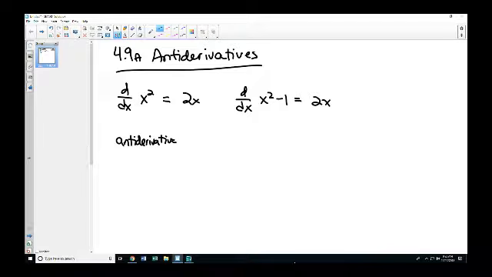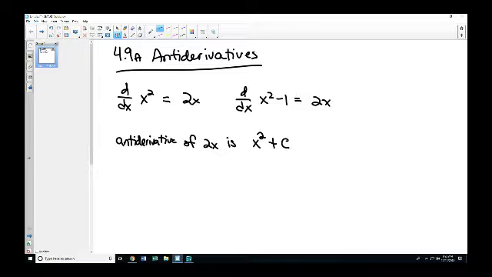So when you calculate the antiderivative, at this point, it's pre-calculus simple. The antiderivative of 2x is x squared plus a constant, because we don't know if that constant is 0 or -1 or 5 million.